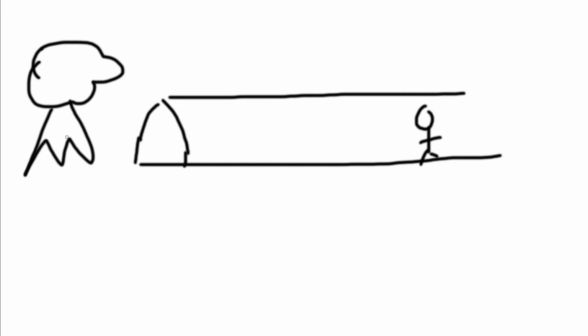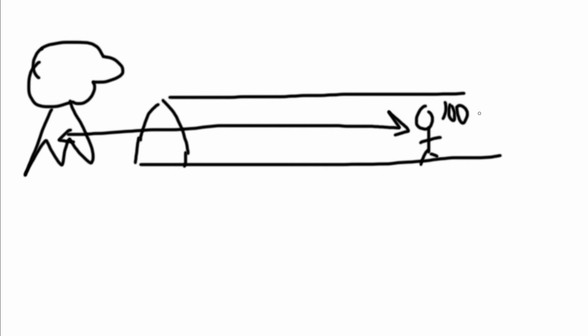The way this works physically is it's almost like being inside of a cave, or let's say a train tunnel. So this is the entrance right here, and you are standing down here, and you have very short legs. You have a big tree out here, and let's say proportionally you are 100 millimeters away.